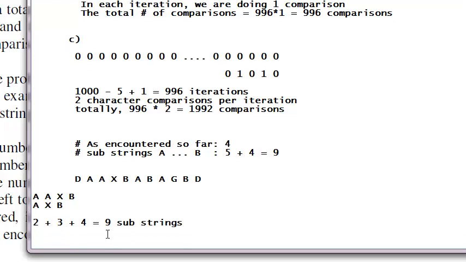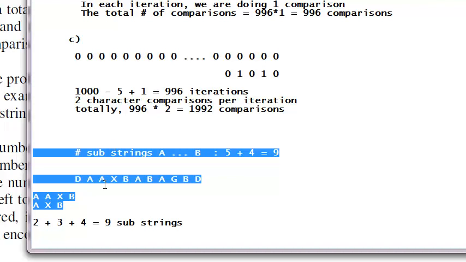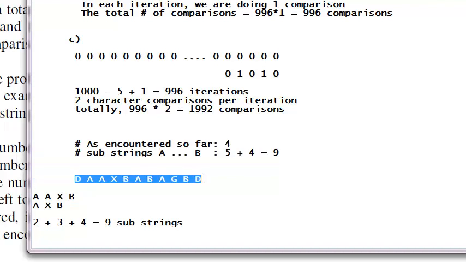So in general, that's the algorithm. Scan the string from left to right, and keep track of the number of A's you have encountered so far as you traverse it. Whenever you hit a B, the number of substrings is whatever you have seen so far plus the number of A's.